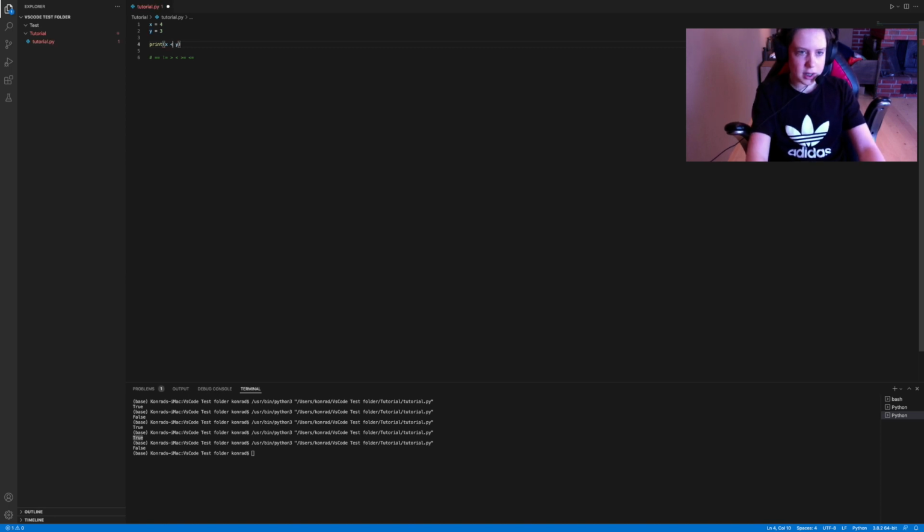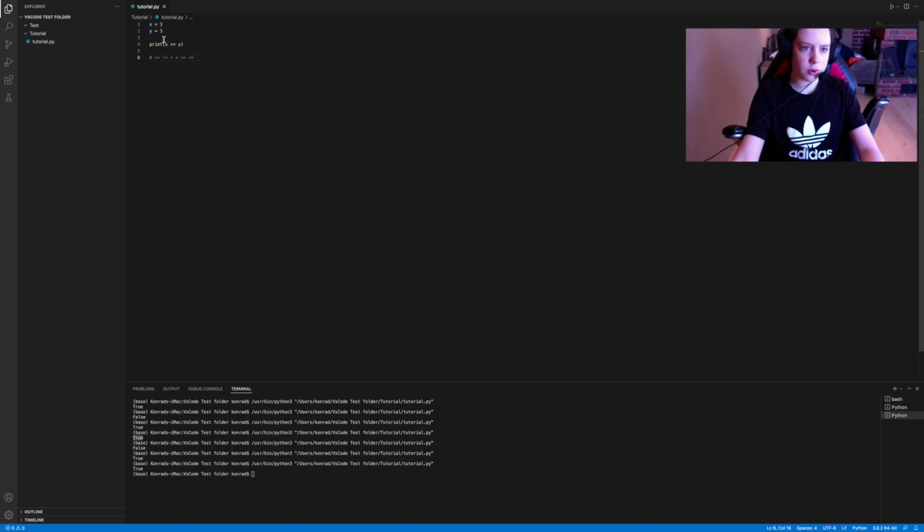And if you add an equal sign here, it checks if x is greater or equal to y. So x is 4, y is 3, so it is greater. X could also be 3, and then they're equal, so that is also true. But if x is smaller than y, then it's false.